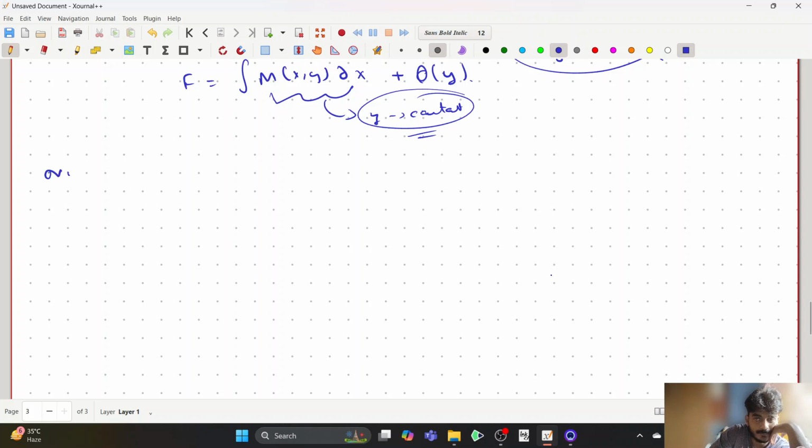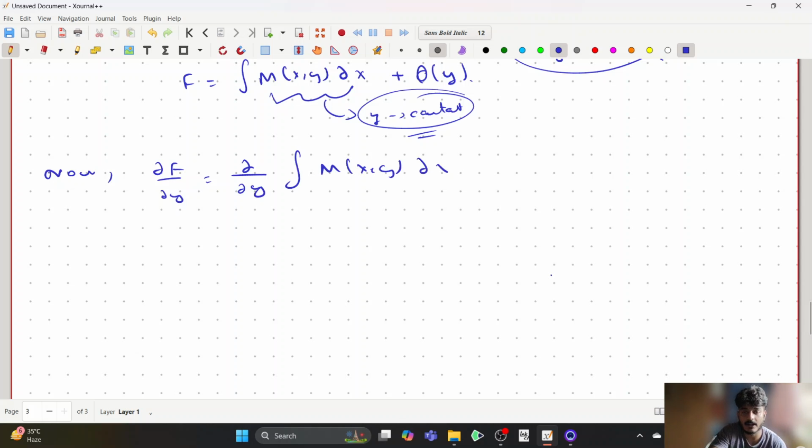Now observe that del f by del y is del by del y of the integration of m(x,y) del x plus, partially differentiating phi with respect to y, same as totally differentiating it. So this is fine. Now we want del f by del y to be equal to n.